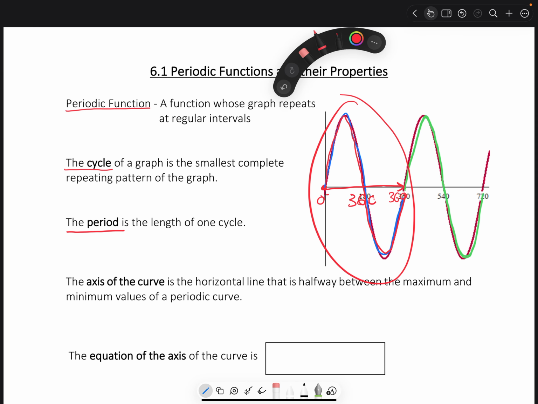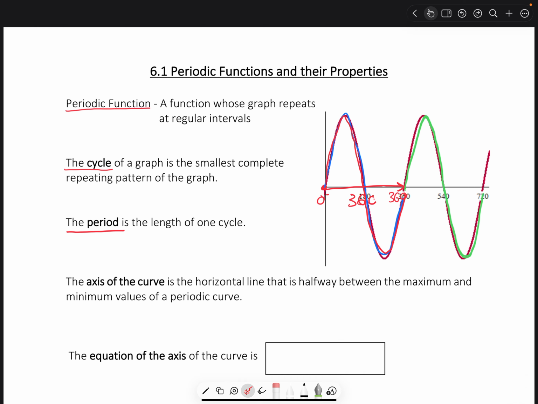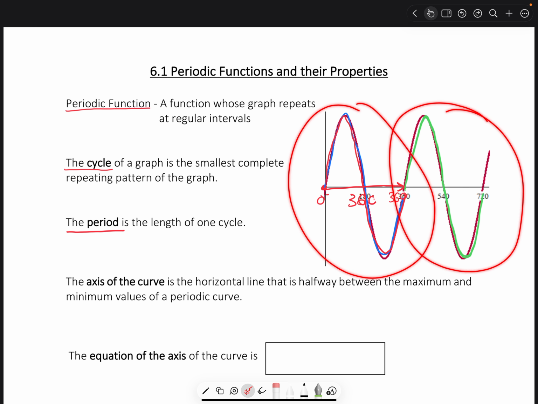Now you could add 360 to 360 and figure out that this cycle completes the same way this cycle does. Therefore, they both share the same period or the same interval.